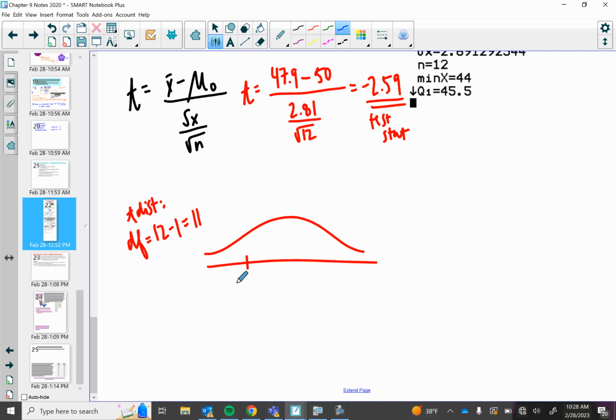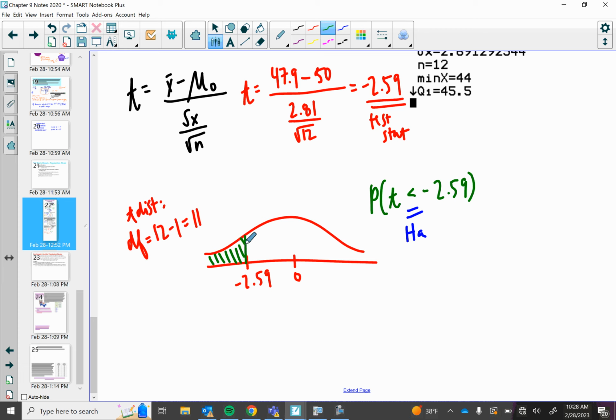I have negative 2.59. And I want to find the probability that I would get this t-value or more extreme in the direction of our alternate hypothesis. So of course we're doing less than negative 2.59. I can shade this here if I'd like.